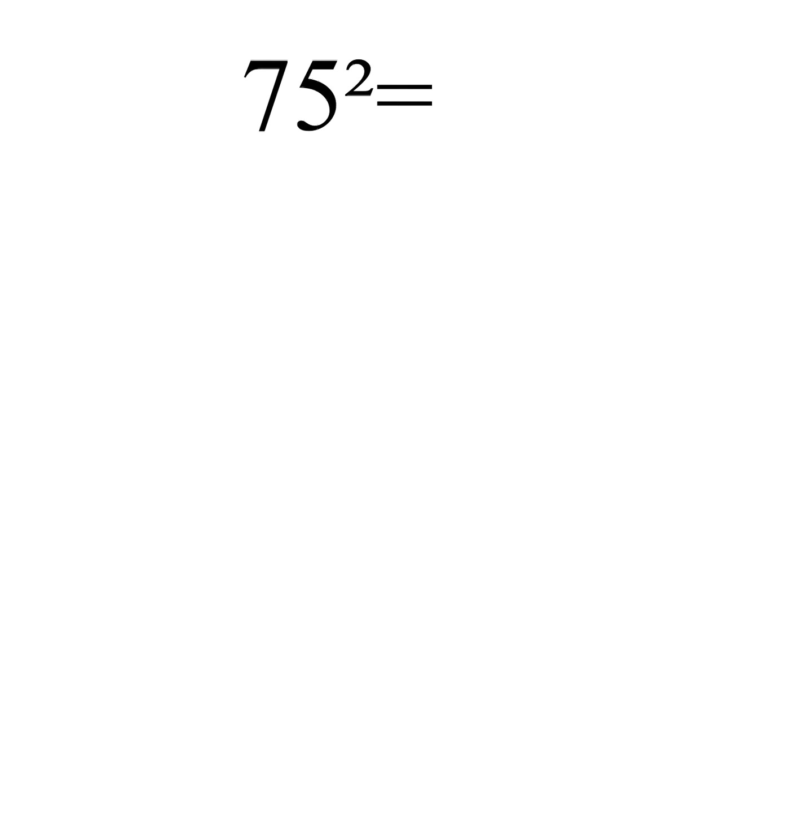As you know, the square of 75 equals 75 times 75. So it is the multiplication of two numbers ending in 5. As before, 5 times 5 is 25. We write it down here.